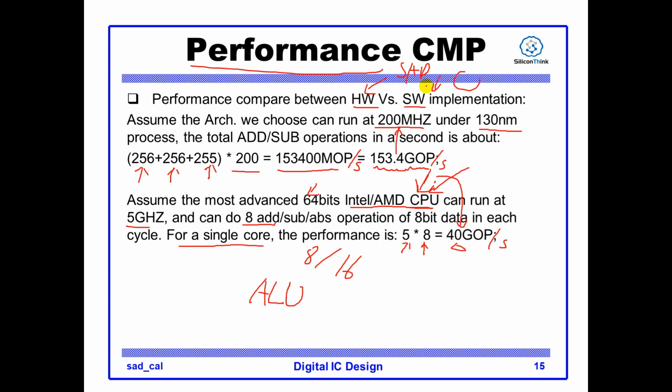If we want to do anything else except SAT, the circuit can't work. Okay, so that's the difference. The CPU is more general purpose, and the ASIC design is more specific.